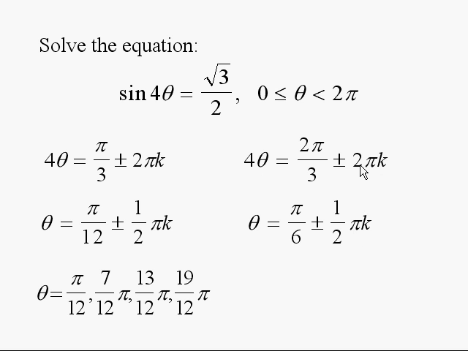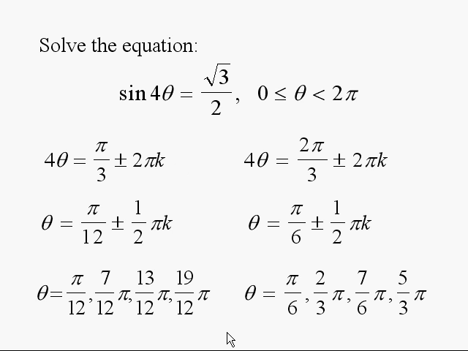So instead of being a multiple of 2 pi, it's a multiple of pi over 2 in either case. And those are the angles that would work. So we're keeping track of possible values of the sine function for an angle in quadrant 1 or an angle in quadrant 2, and then translated.